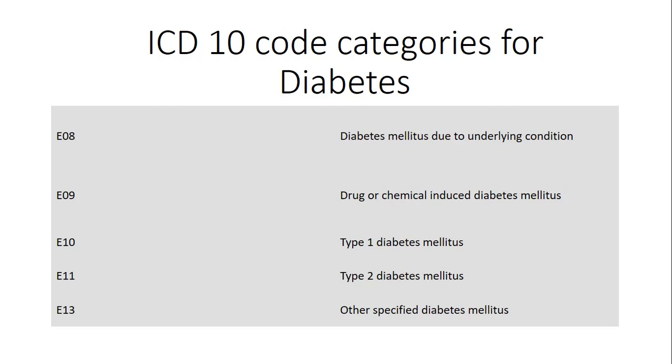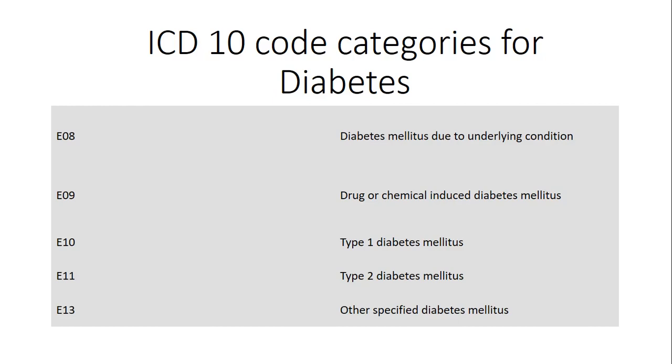For type 1 it is E10, and for type 2 it is E11. The other three, E08, E09 and E13, are used for coding secondary diabetes. Do not use E10 and E11 for secondary diabetes because it is against ICD-10 coding guidelines.